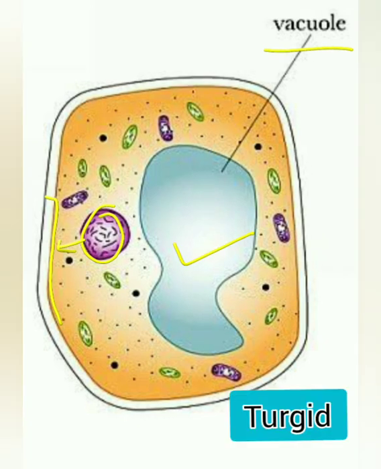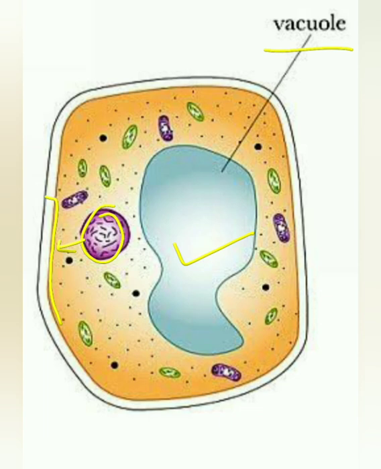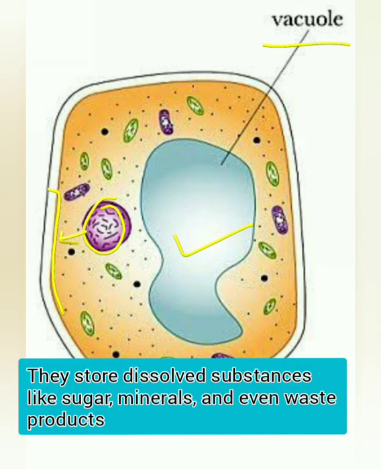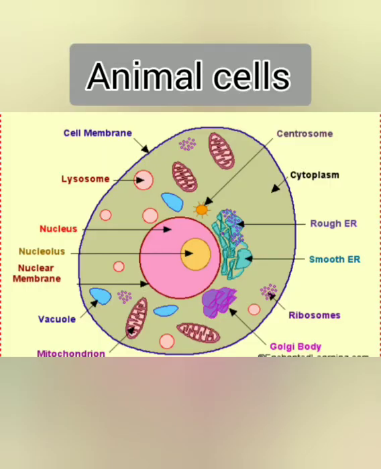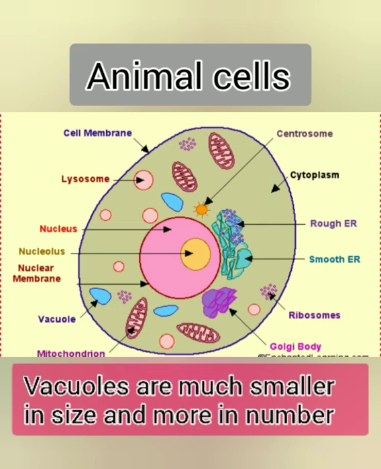Vacuole keeps the plant cells in turgid state. Turgid means swollen. And they store some dissolved substances like sugar, minerals and even waste products. In case of animal cells, vacuoles are much smaller in size and more in number.